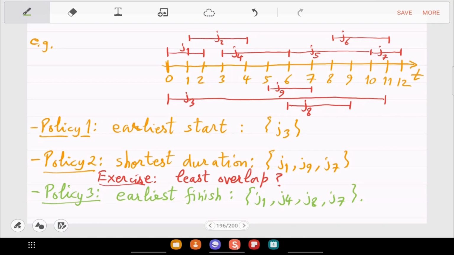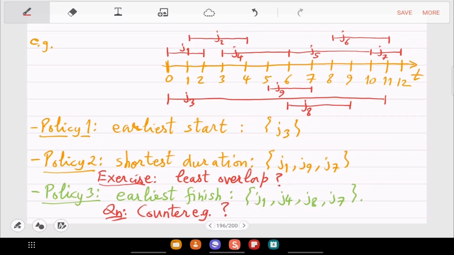Okay, so the question is, why will it work? So is there a counter example for this? So fortunately there is no counter example because I have a proof.